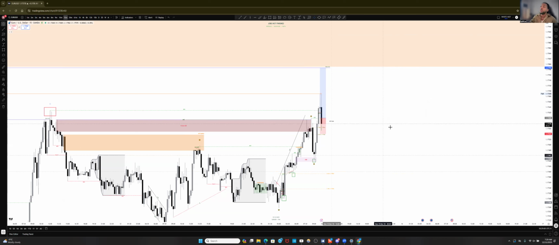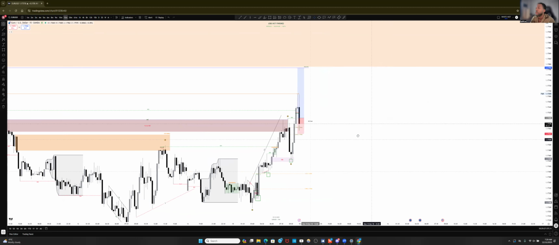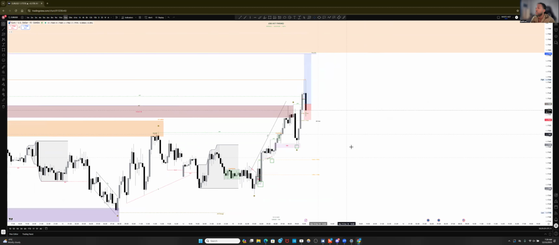These are very intricate price action. Let's see. This was very, very strange price action that we got in this session.